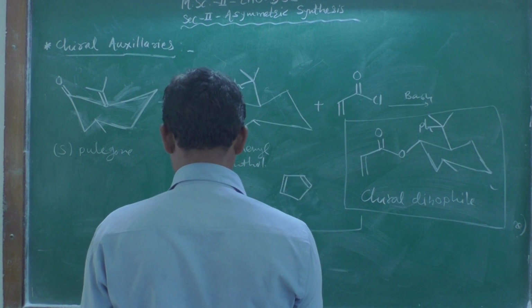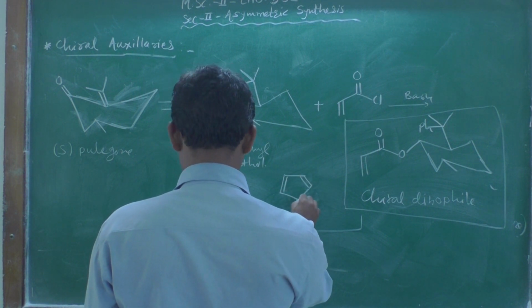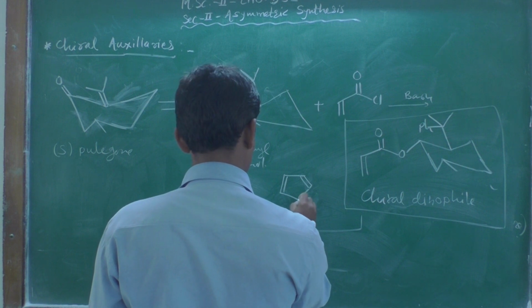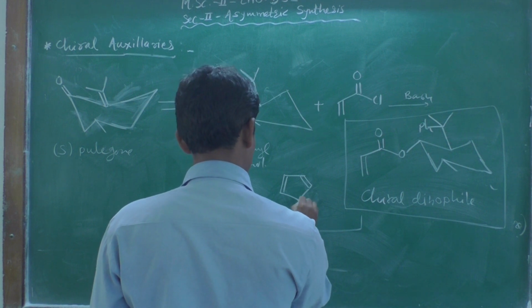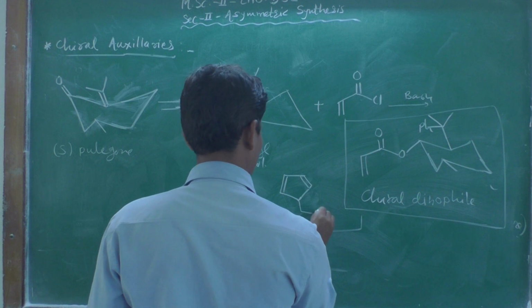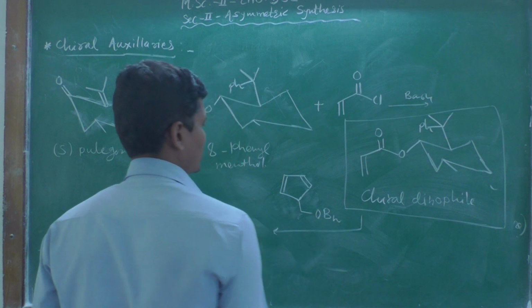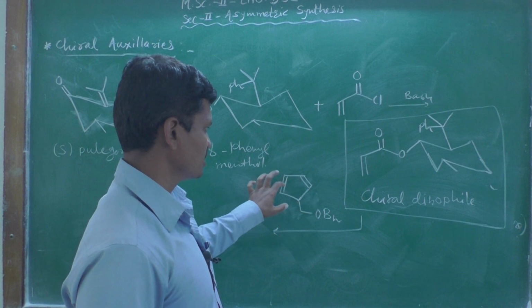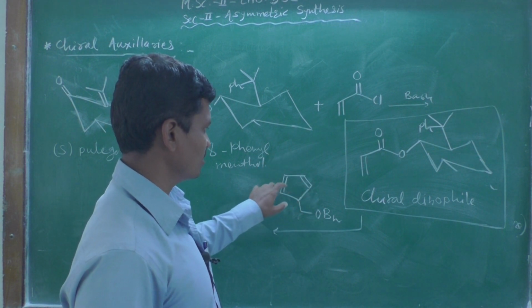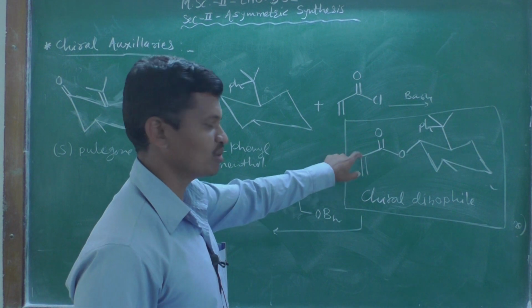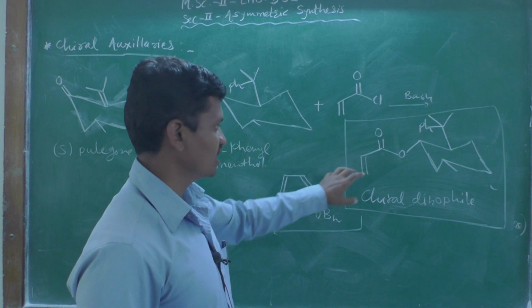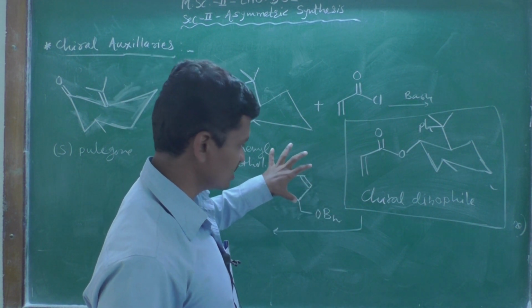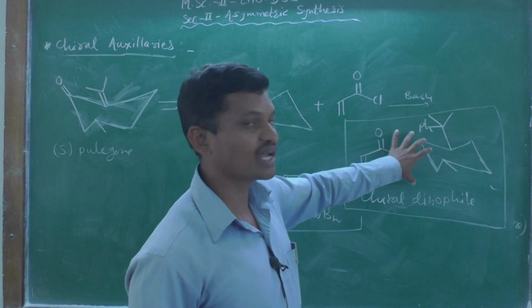A cyclopentadiene molecule is there, and to this CH2, there is one more CH2OBn, so this ether linkage is there to this diene. This cyclopentadiene will act as the diene, and this carbon-carbon double bond acts as the dienophile. There is a reaction between this achiral diene and this chiral dienophile.